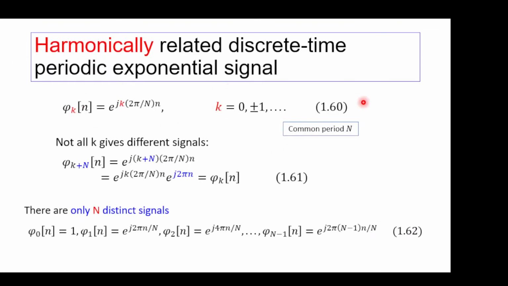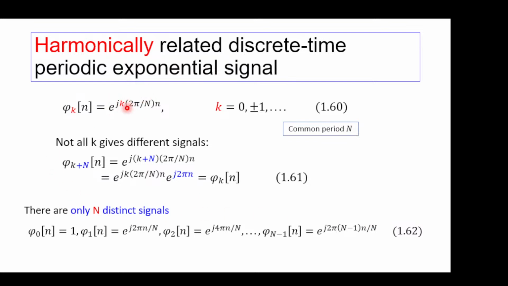So we have some period, which is the integer we pick, and then we pick our omega naught as 2 pi over N. That's very nice. But then there's the other thing: we say this k 2 pi over N should be in a 0 to 2 pi interval. So this k should only be in a bigger interval, something like 0 to N minus 1, or 1 to N, etc.